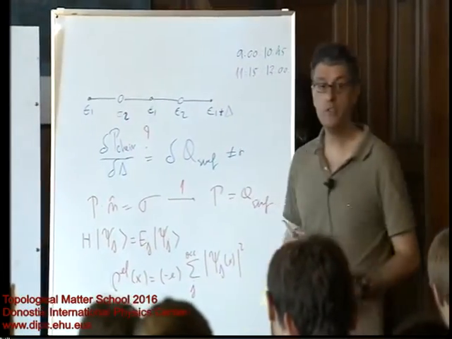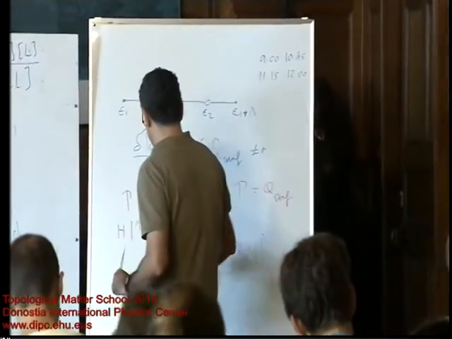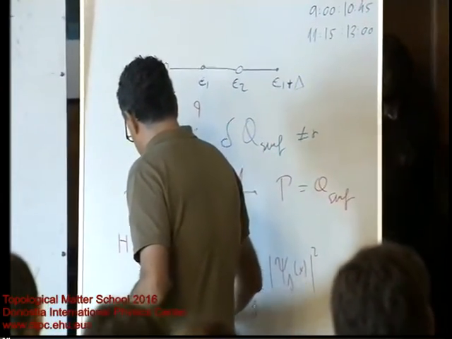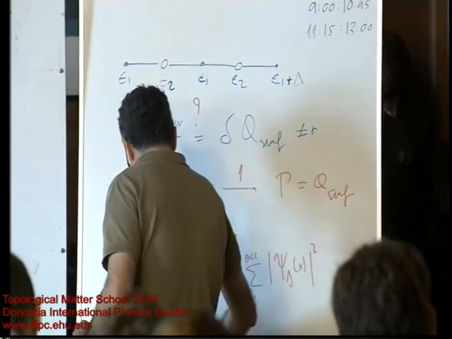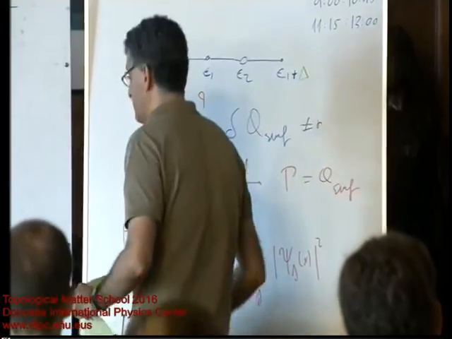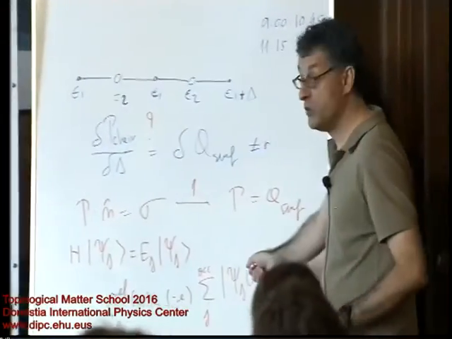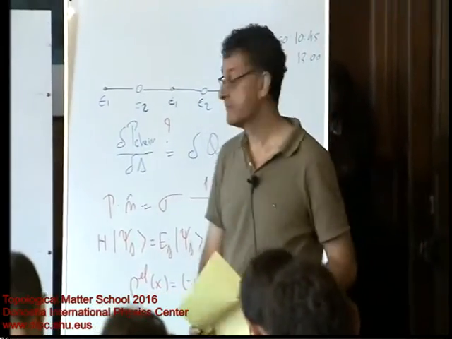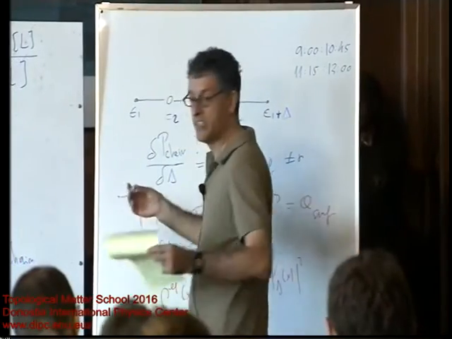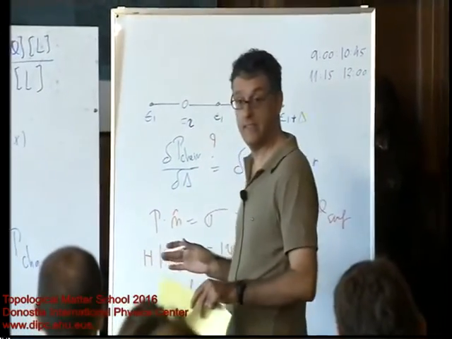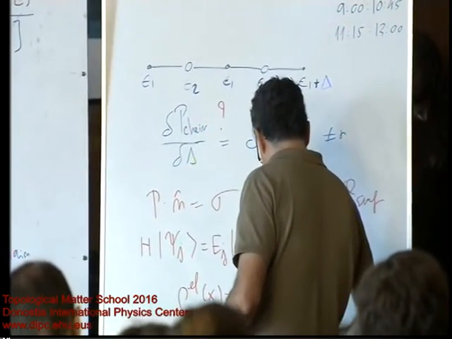Now I want to make a very simple observation, which is, so this is extended. By the word extended, I just mean that it spreads out over the entire chain. Most of the eigenstates, the individual eigenstates, except possibly a few at the edges, are also extended, right? Again, without disorder.